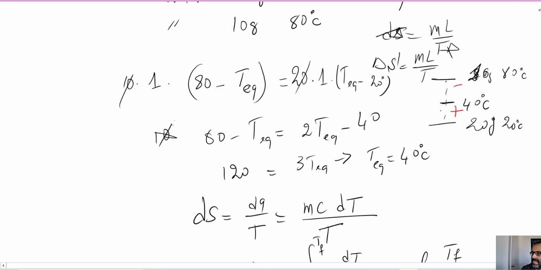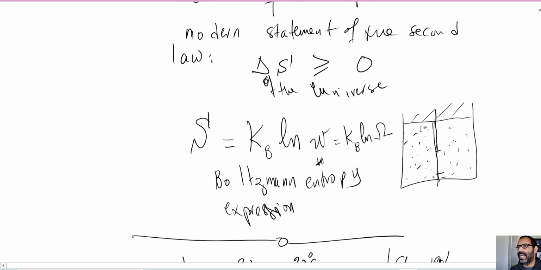And I expect this number to be algebraically higher than this one, so that at the end I will have a positive increase when I add them up, because this is a process where the universe was undisturbed until I took a hot cup of water, that is only 10 grams, and a cold cup of water and put them in contact with one another. One of them, the entropy went up, and the other one went down. But what I'm saying in here is that the entropy for the entire system must go up, for the entire universe, that is, before this event happened.